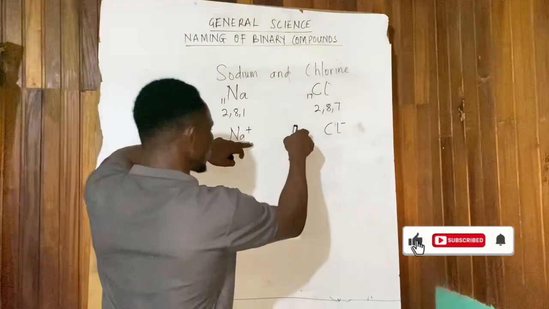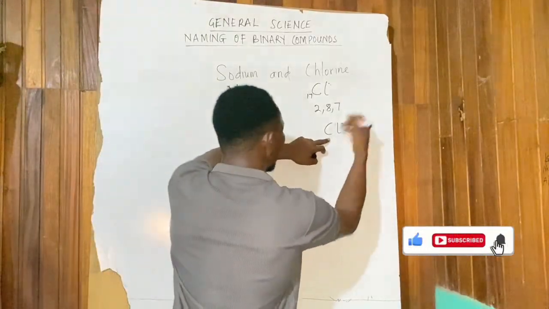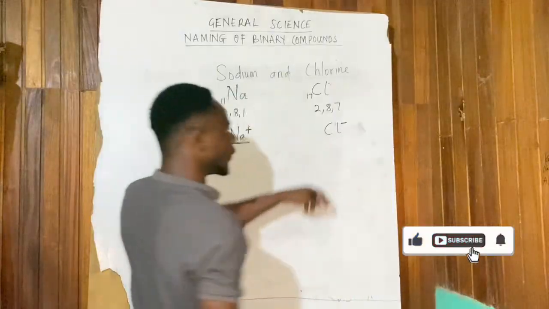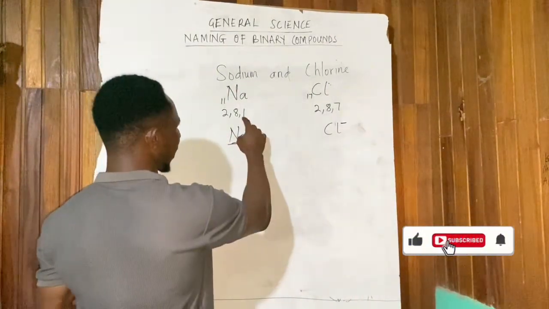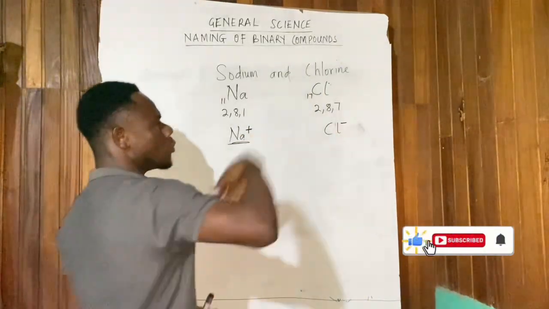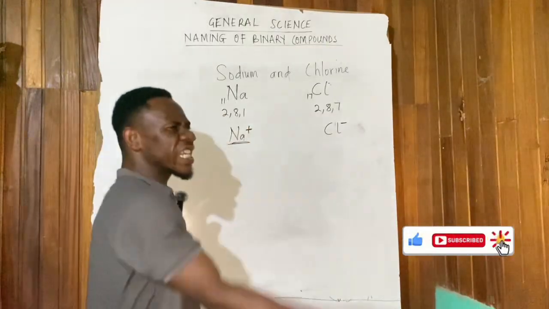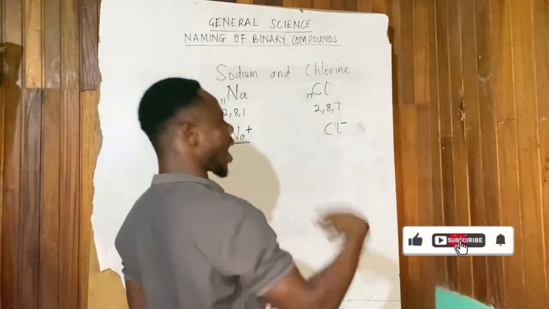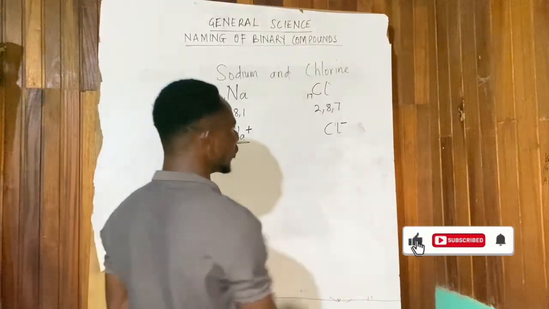Sodium will lose to become positive. Chlorine will gain to become negative. This means the valency of sodium is 1. It means sodium lost 1. Chlorine here gained how many? Gained 1. That is the valency of sodium and chlorine.